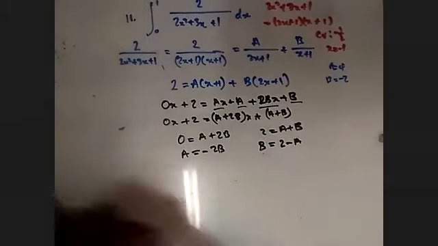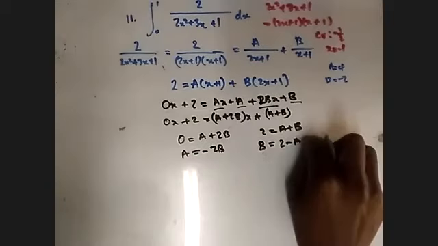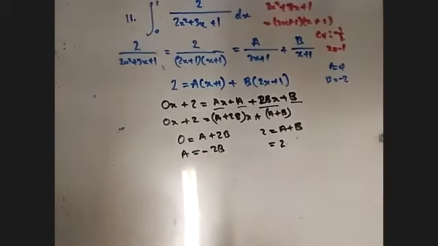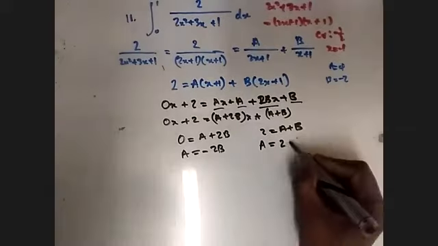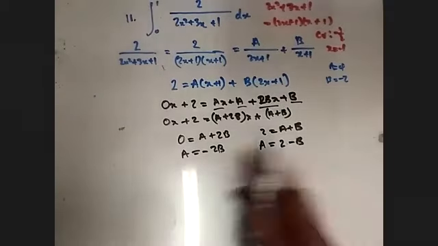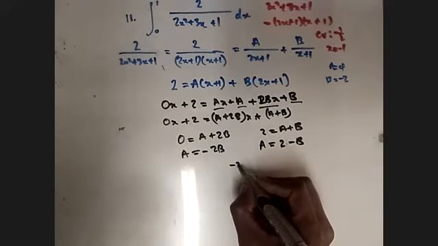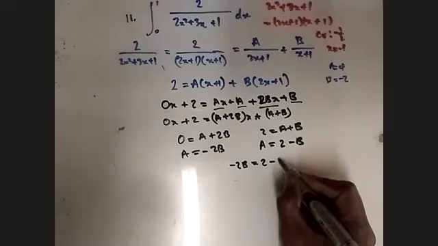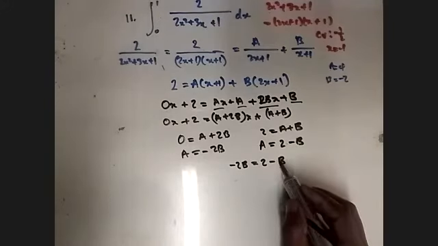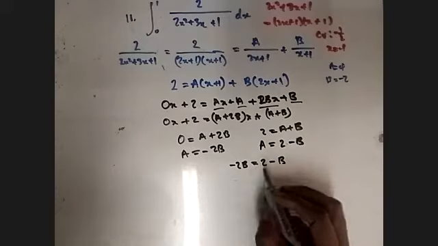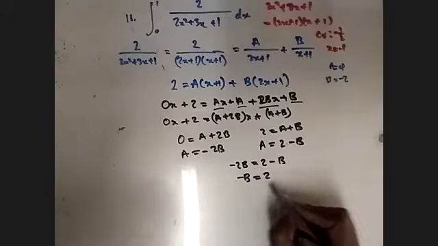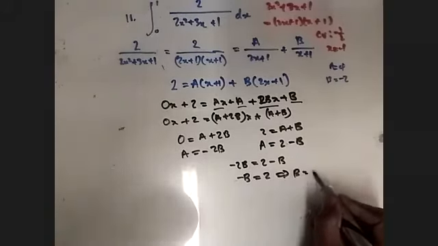If I can just say A is equal to 2 minus B, and then equate the 2 and have minus 2B is equal to 2 minus B. Then we bring this B this side and it becomes minus B is equal to 2. Thus, B is equal to negative 2.